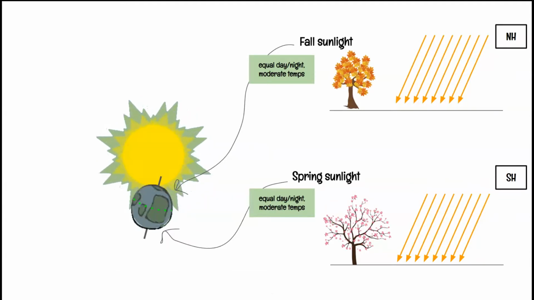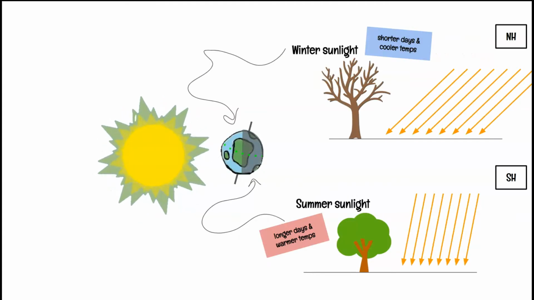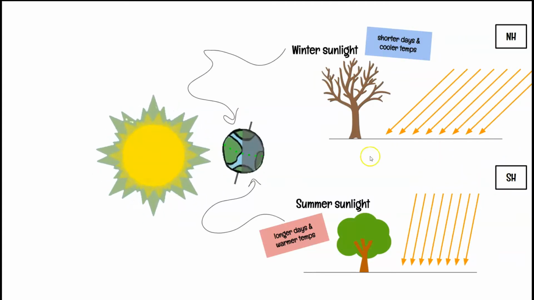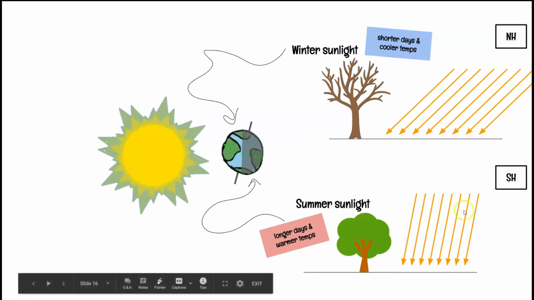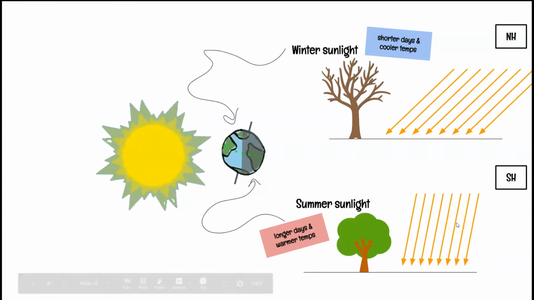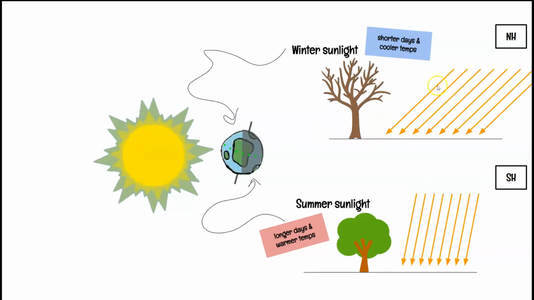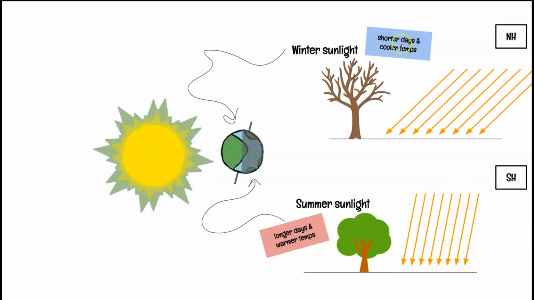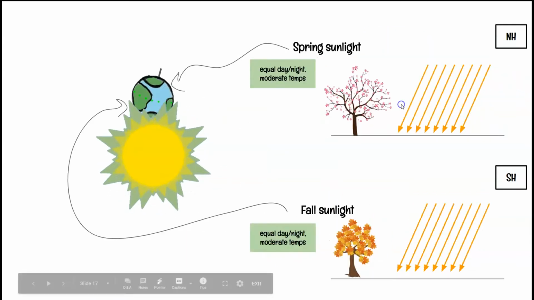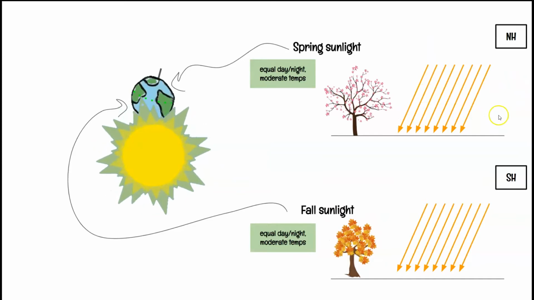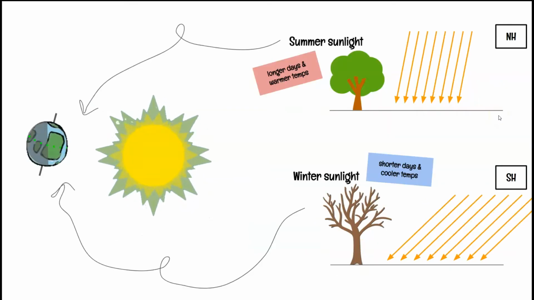In winter, it flip-flops. Whereas before the northern hemisphere was getting the direct energy, the higher angle of sunlight, now we're getting a lower angle of sunlight, which leads to shorter days and cooler temps for us. And then spring, same thing happens. And it just continues like that.